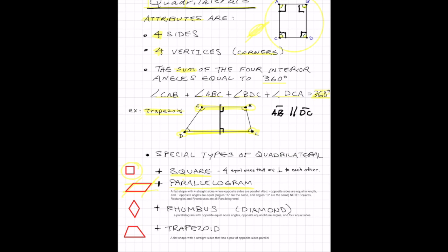Then we have a rhombus. A rhombus is something that you probably saw as a diamond when you were younger, a diamond shape. It's a parallelogram because the sides here are parallel, and so too these are parallel to each other. And the opposite equal acute angles or opposite equal obtuse angles exist.